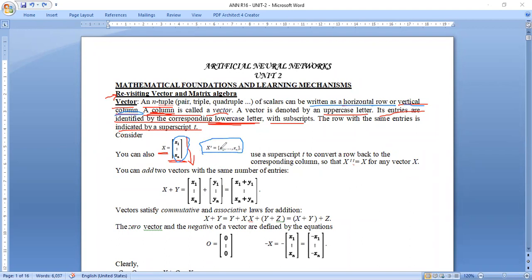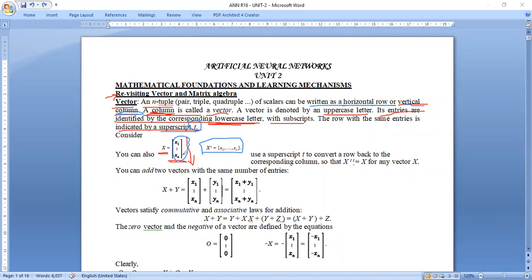In this horizontal row representation, you have used one superscript. The row with the same entries is indicated by the superscript T. What is the alphabet here? The superscript alphabet is T. This is X to the power of T equal to small x1, small x2, small x3 until small xn. This is the vector representation.